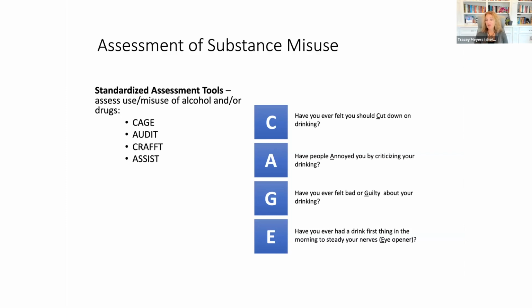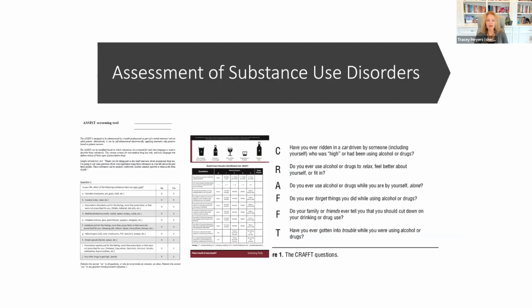And people can often be surprised when they meet the criteria. They may say, oh, well, everyone around me drinks this much. I had no idea that this actually is a substance use disorder. Here's a couple of other examples. Look at the CRAFT, the ASSIST. And you can see it just helps people to begin to look at the level of severity of use, how often they're using, how much it affects their daily life, right?